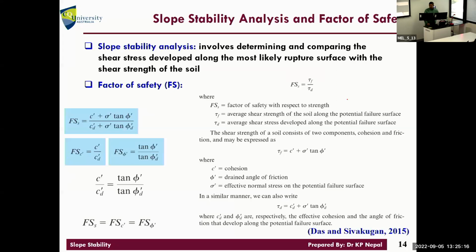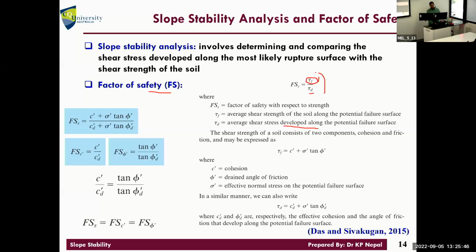So now, when we do slope stability analysis, we always calculate the factor of safety. Look at this: the top one is the strength along a potential failure surface, what is the strength of soil? The bottom one is how much was developed there, developed along the failure surface.